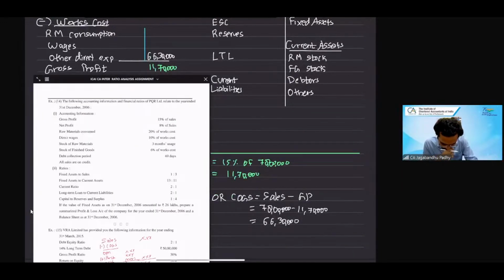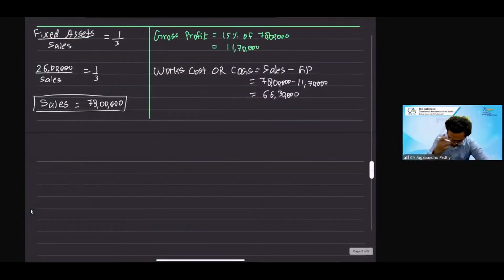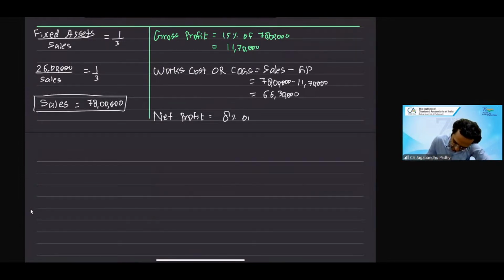Then we have net profit is 8% of sales. 8% of 78 lakhs is 6 lakh 24,000.